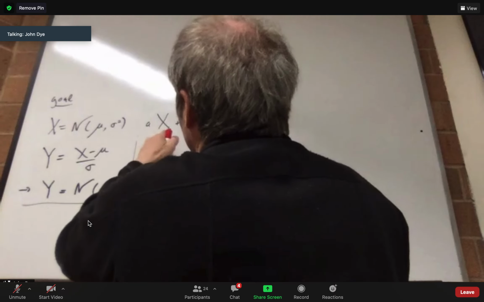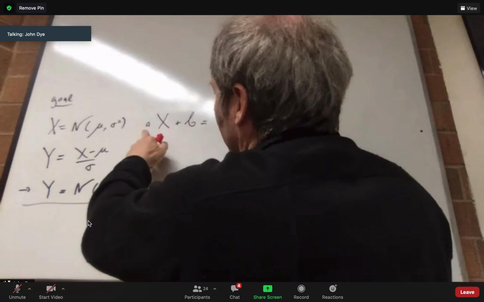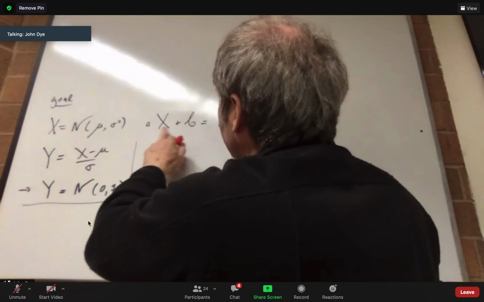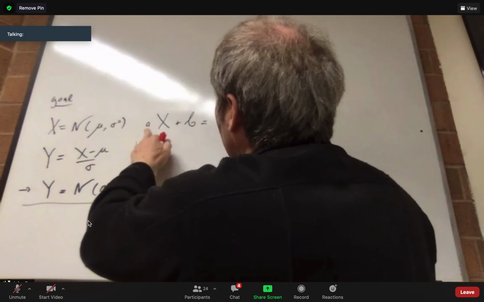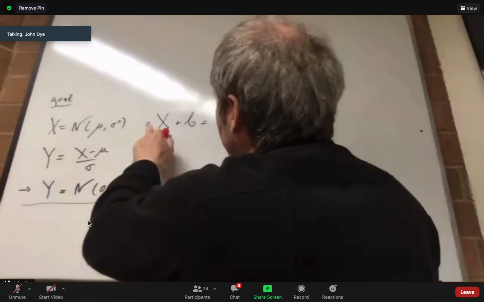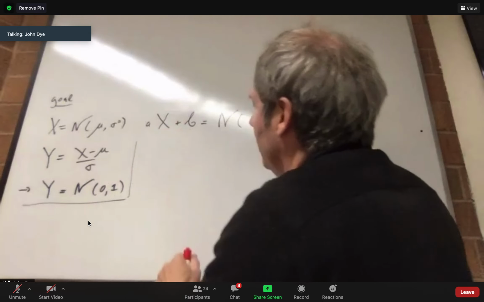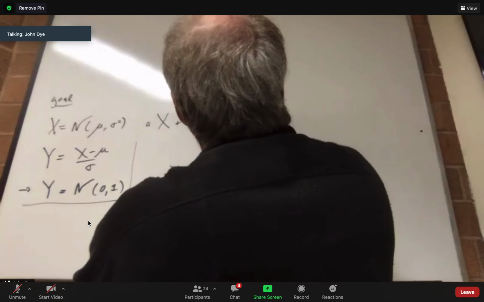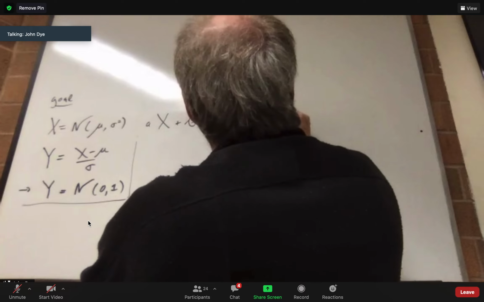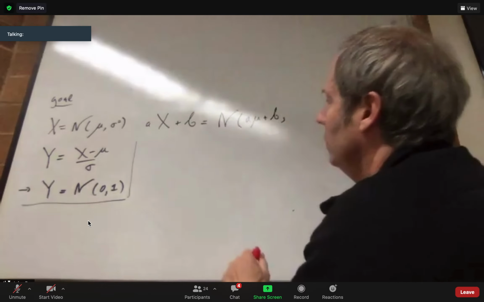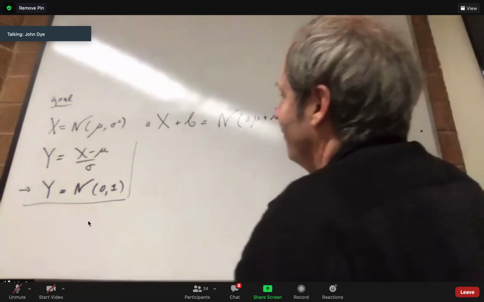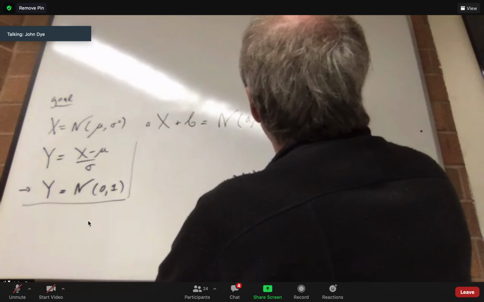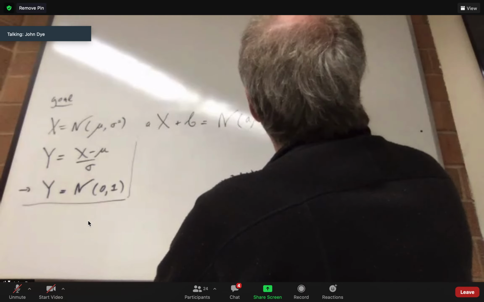The mean is whatever it is, and you're scaling up by a, and then there's a translation to the right. So you used to have mean mu, but now it's a mu plus b for the new mean. And then let's see if I can remember the variance.